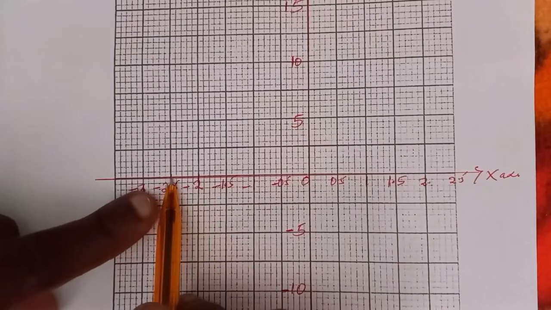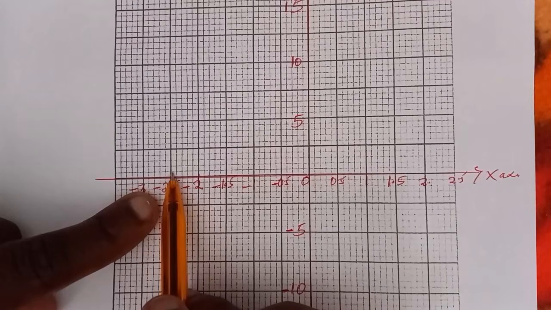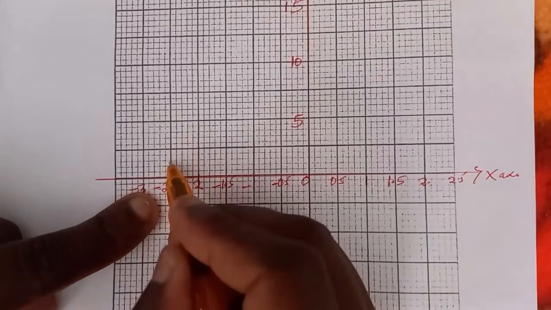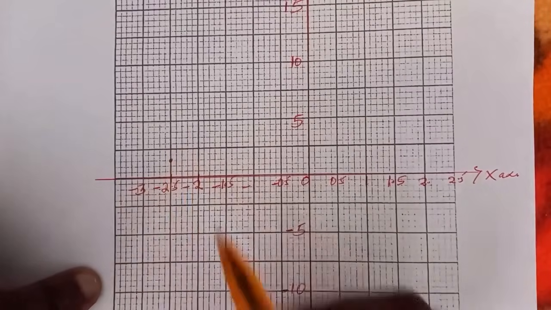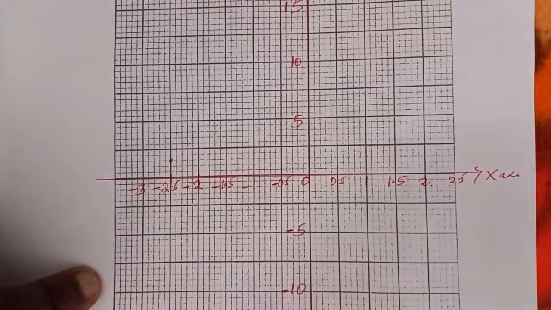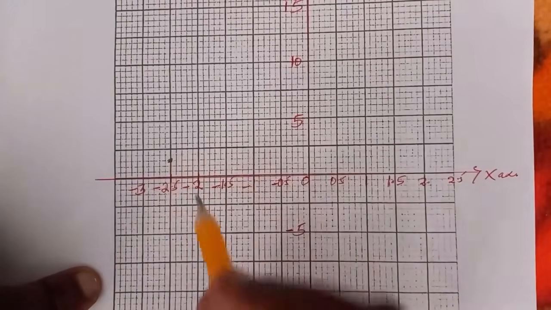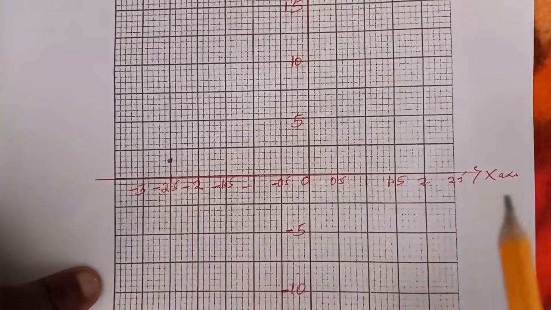So negative 2.5 is here. Then 1.5 on the y-axis will be here. So this is the point here.